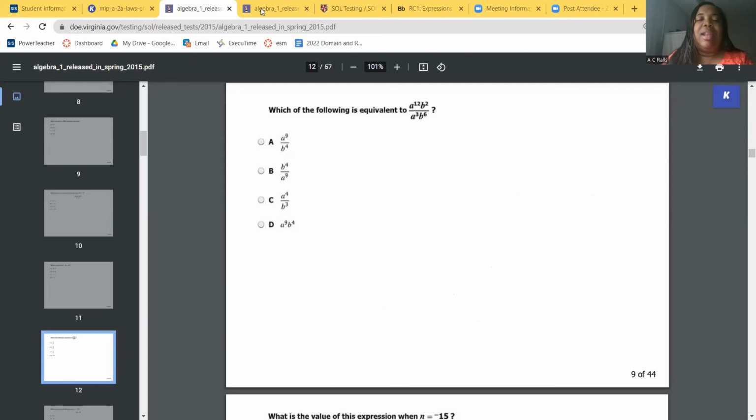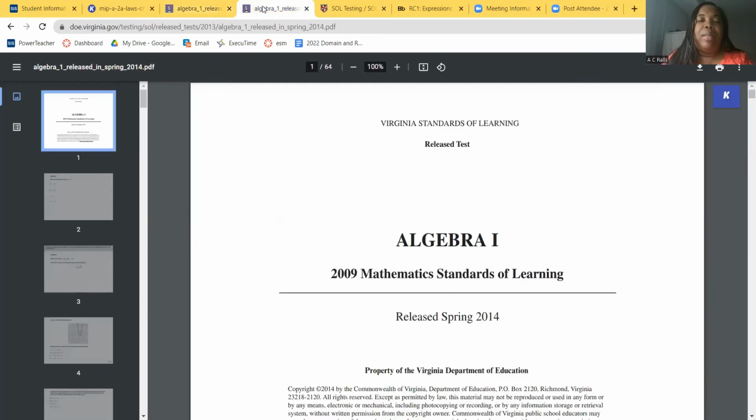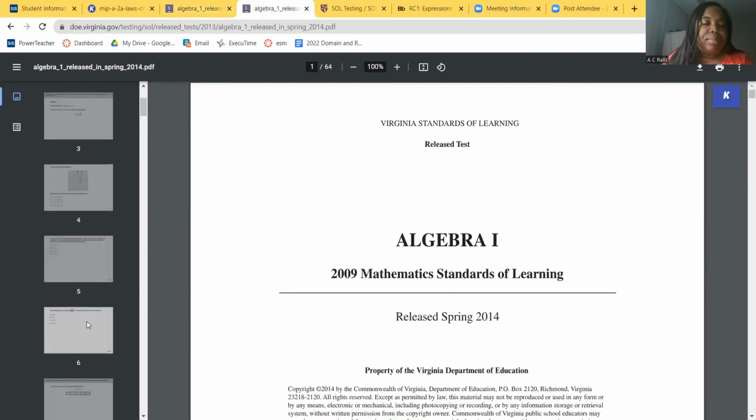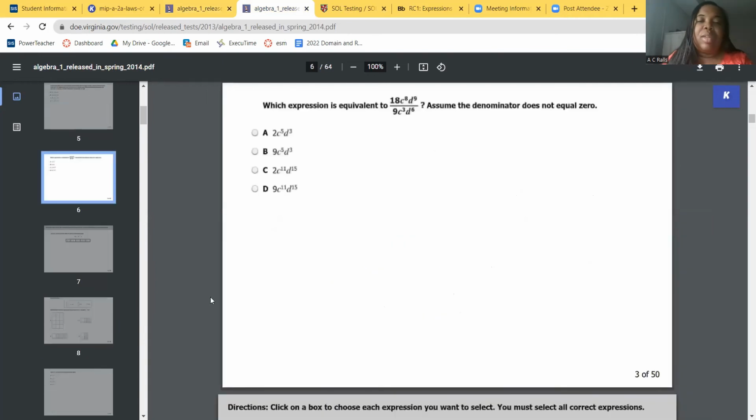Let's take a look at another public release item. This one says, which expression is equivalent to 18 c to the 8th d to the 9th divided by 9 c to the 3rd d to the 6th. If you would like to try it on your own, please pause the video.